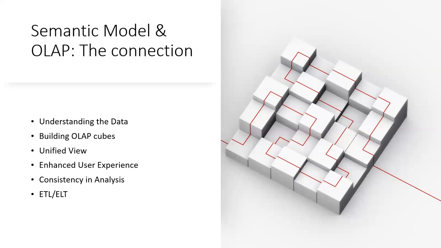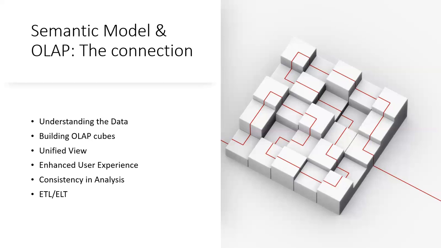So in conclusion, semantic modeling and OLAP are like two sides of the same coin in the data analysis world. While the semantic model provides clarity and context to the data, OLAP offers the tools to analyze the data from multiple perspectives. Together, they ensure that businesses can derive meaningful insights from their data efficiently and accurately.